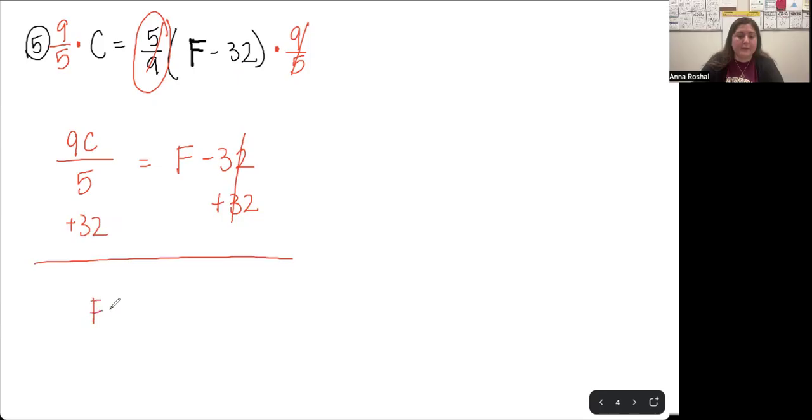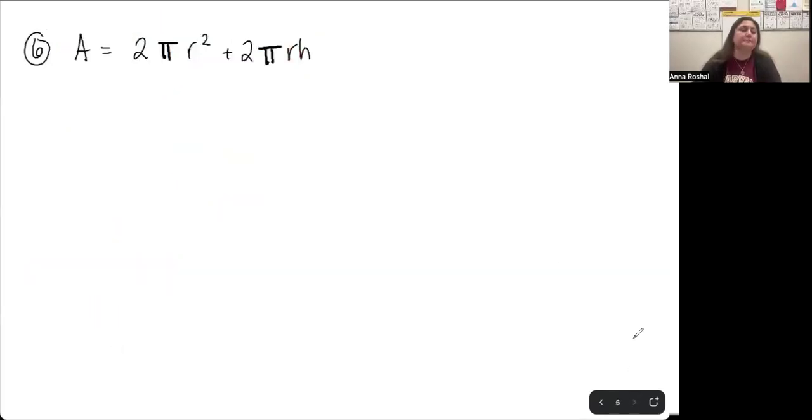Now I've got the Fahrenheit is equal to 9C/5 plus 32. You could also write 9/5 C plus 32. Both are completely acceptable. I don't think it matters.